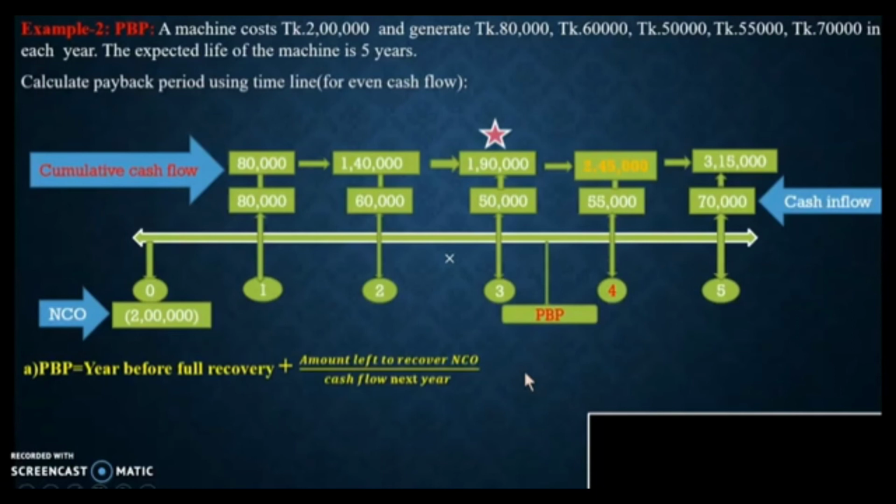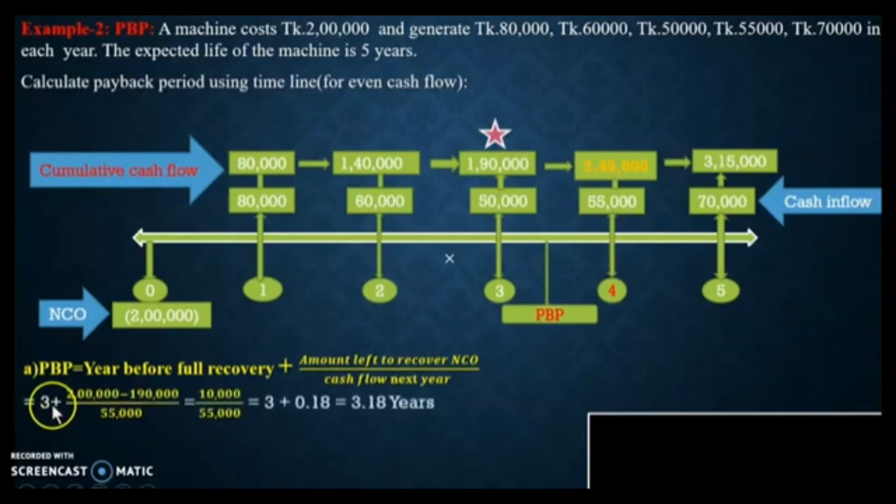So we calculate the payback period. Here 3 years are full years, plus the amount left to recover our NCO. The left amount will be 2 lakhs minus 1,90,000, divided by the cash flow of the next year.